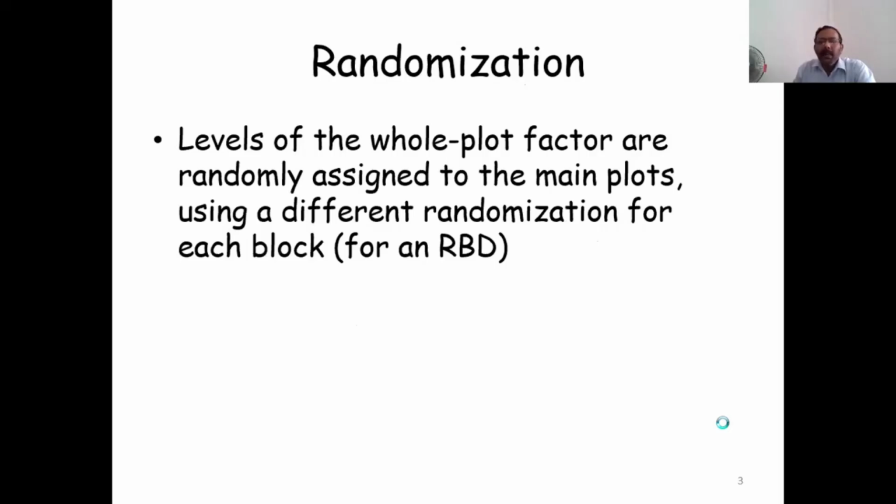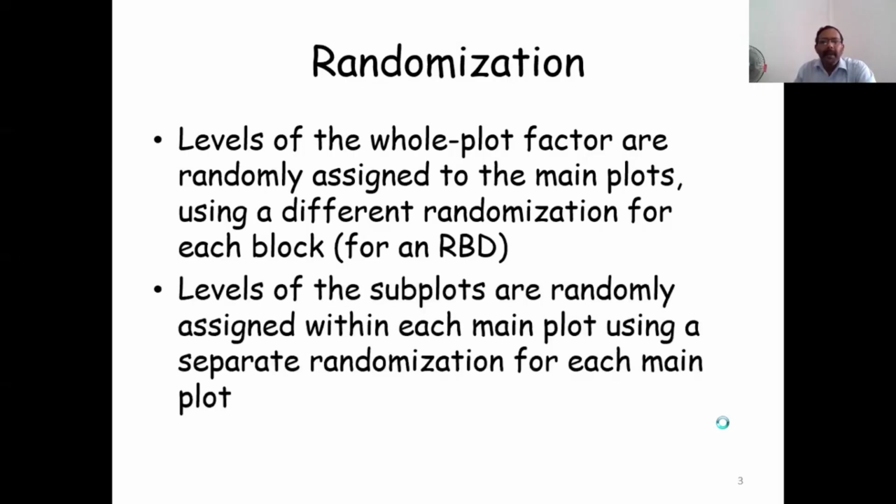The levels of the whole plot factor are randomly assigned to the main plots, like in the RCBD, using a different randomization for each block separately. Levels of subplots are randomly assigned within each main plot using a separate randomization for each main plot.